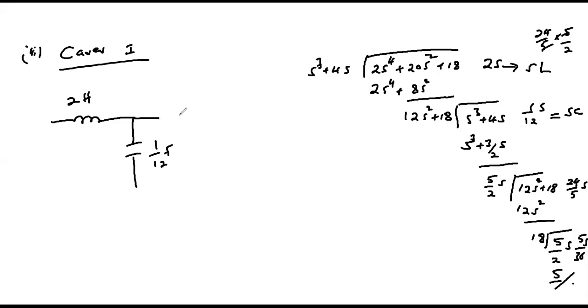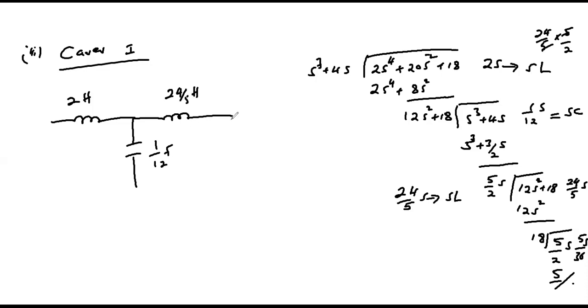Next, we have an inductor. This is 24 over 5S, which we compare with SL, from which L is 24 over 5, and therefore this is 24 over 5 Henry.